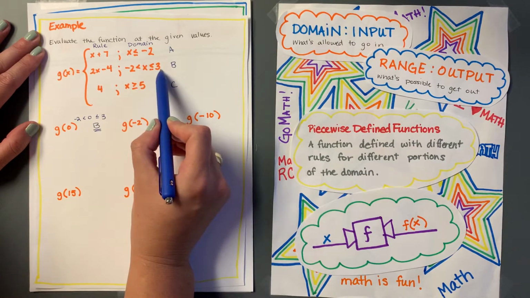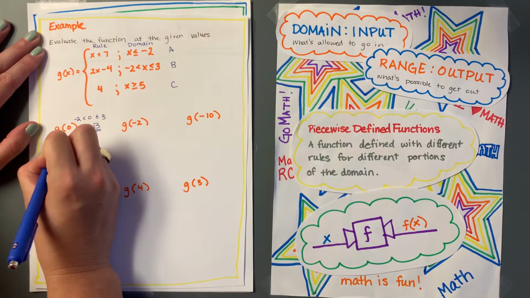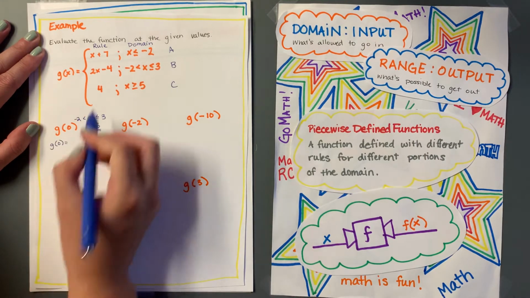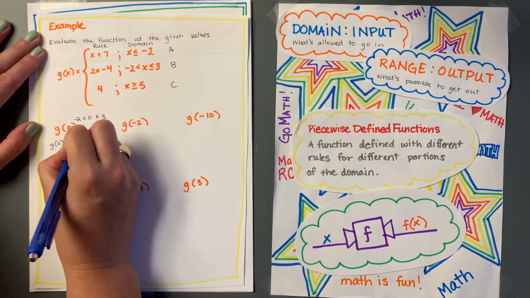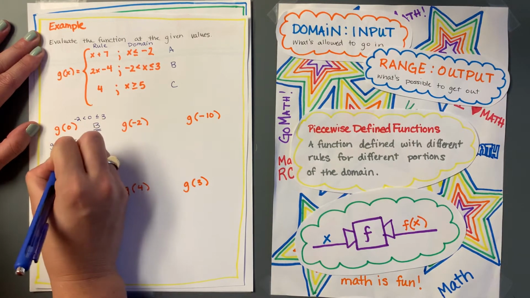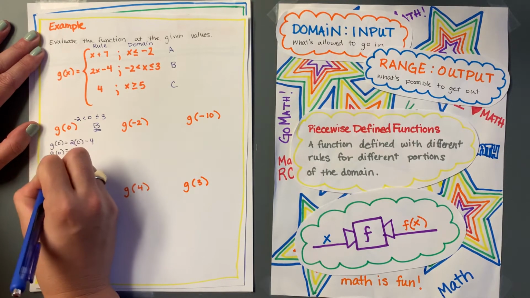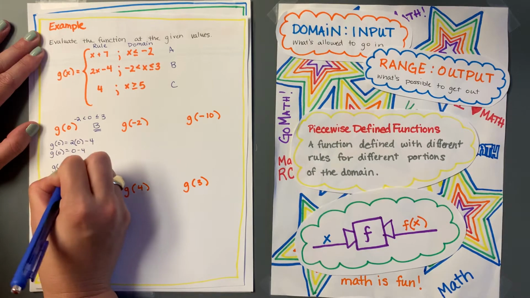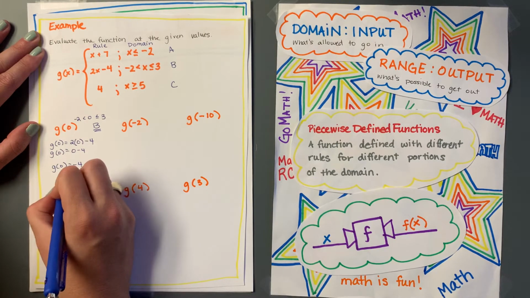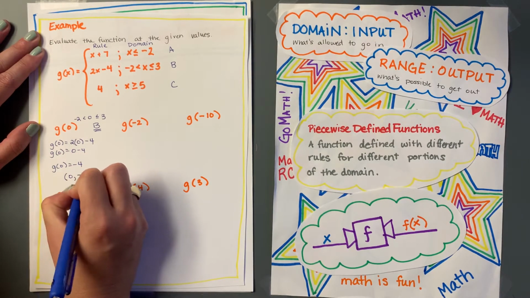That means when I plug in 0 for g, I'm going to be looking at the 2x minus 4 rule. So that's 0 minus 4. So I get g of 0 is equal to -4, or I get the point 0, -4.